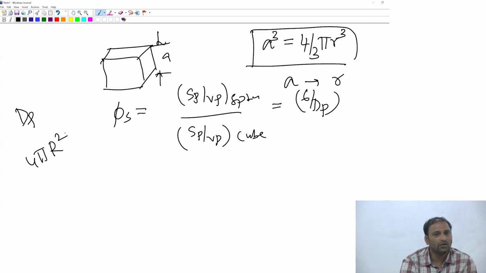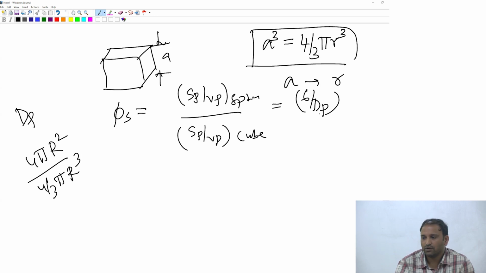You can do that: 4 pi r square is your surface area, and 4 by 3 pi r cube is your volume. So your Sp by Vp of a sphere is going to be 6 by dp.